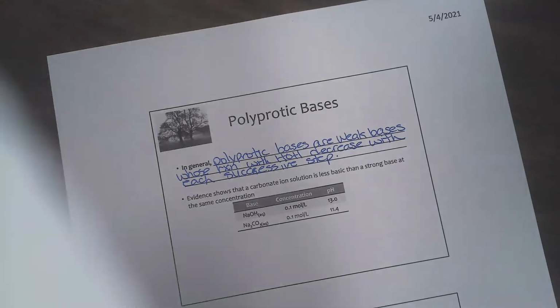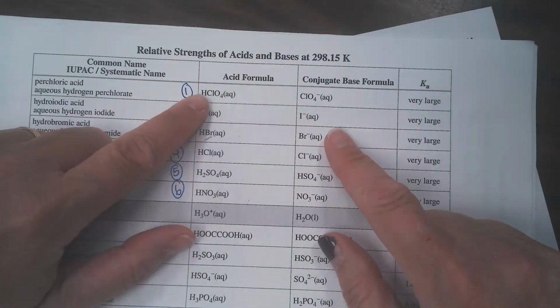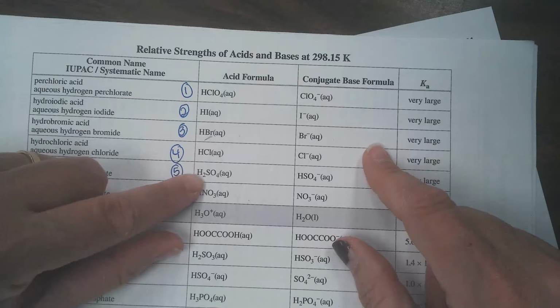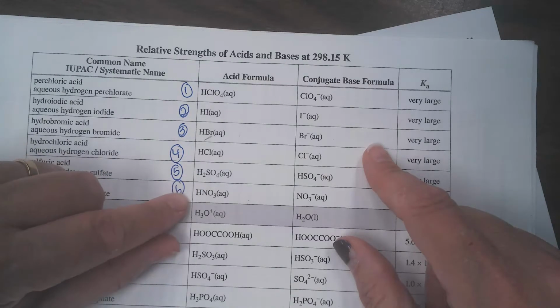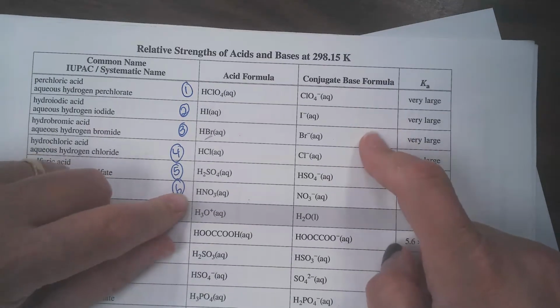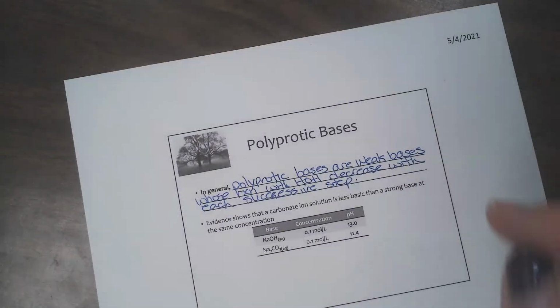When we look here and we see that this is a strong acid, perchloric acid, hydriodic acid, hydrobromic acid, hydrochloric acid, sulfuric acid, nitric acid, we would think that we would go up and we would call these very basic things, but we don't. A very strong base is anything that typically reacts with anything in group 1 or group 2. So sodium ions, potassium, lithium, those are all strong bases.